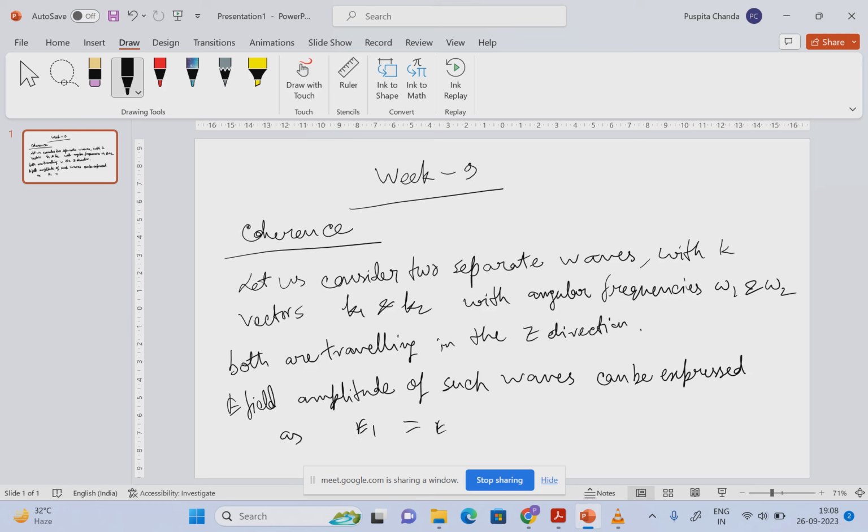E1 is E1 naught e to the power minus i (k1 z minus omega 1 t), and E2 is E2 naught e to the power minus i (k2 z minus omega 2 t). Okay.